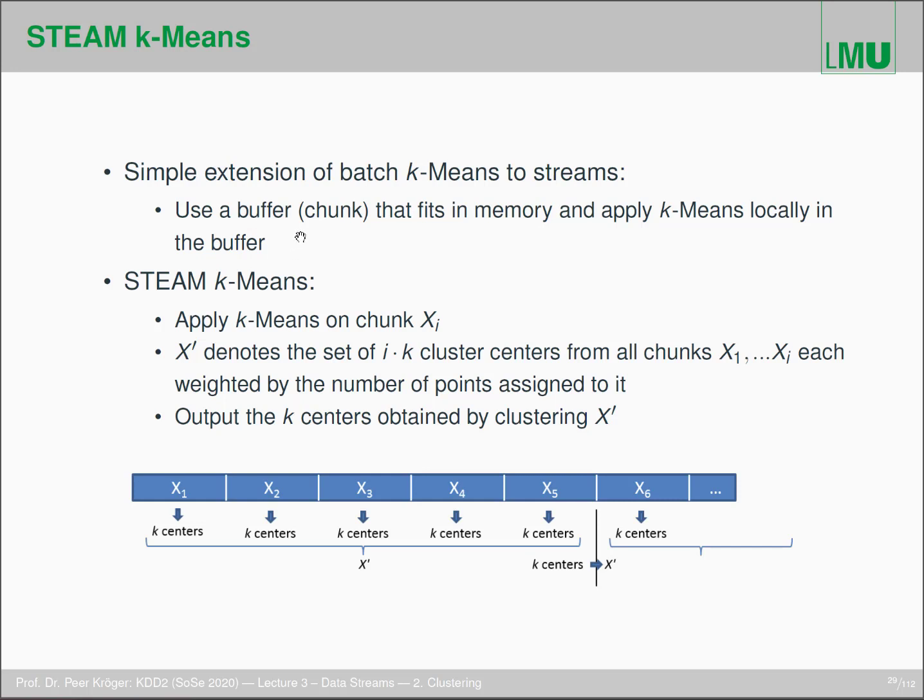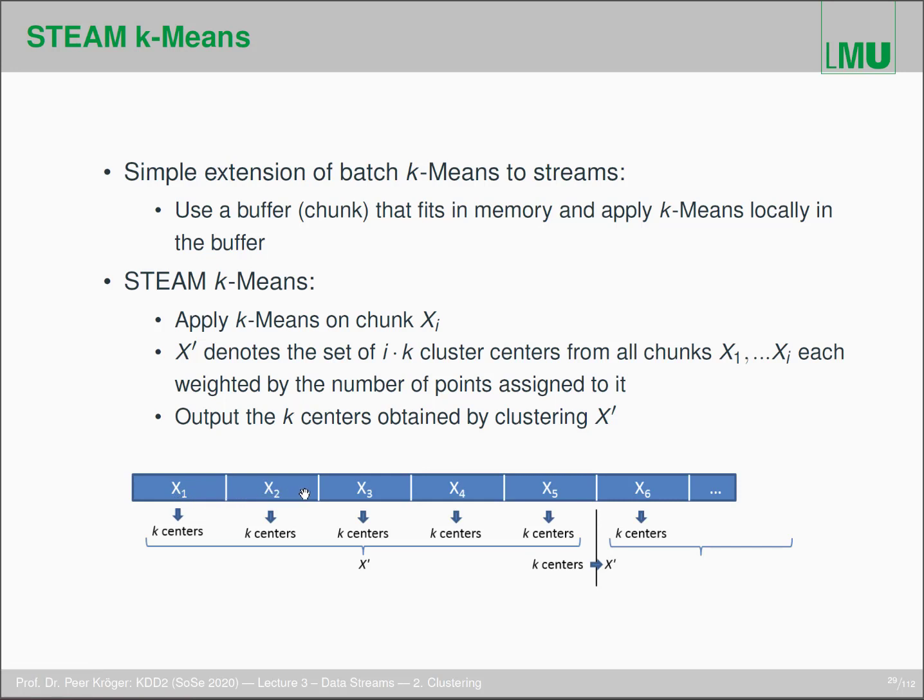As we see here, we apply k-means on each chunk. So we fill up our buffer with a chunk. The stream is running from left to right, and first of all, it fills our main memory chunk, and then we compute k-means on the first chunk.